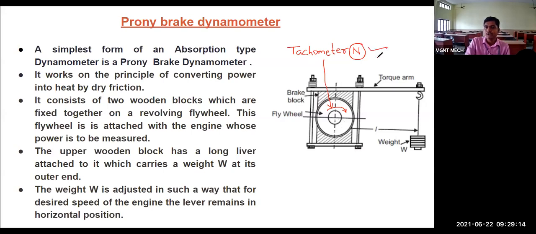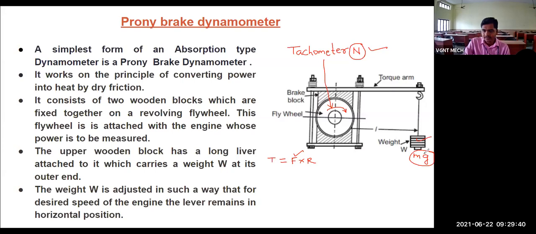So the N value we got. Next we have to calculate torque. We know torque is nothing but force into radius. How to calculate this force? From this weight. This weight is W equal to m into g, where m is the mass of the weight and g is acceleration due to gravity.